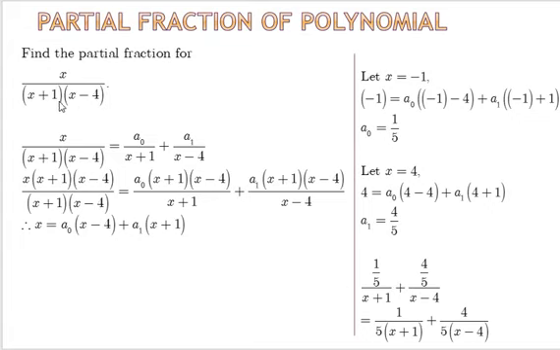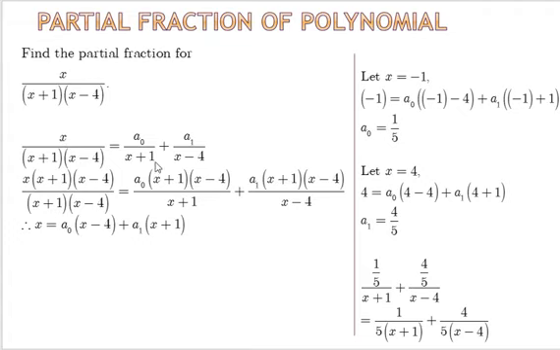Since it's 2 terms, we place this as 2 smaller fractions as well, which is a0 divided by x plus 1 and a1 divided by x minus 4. Now we do not have to fear that there's an x on top and it feels kind of hard psychologically, but it's not. It's the same as the previous example.